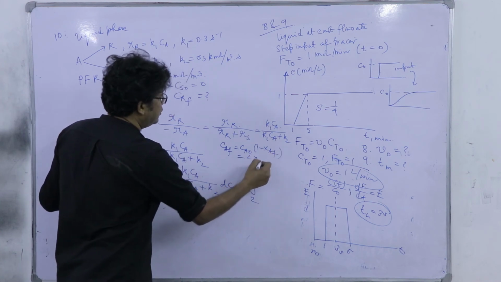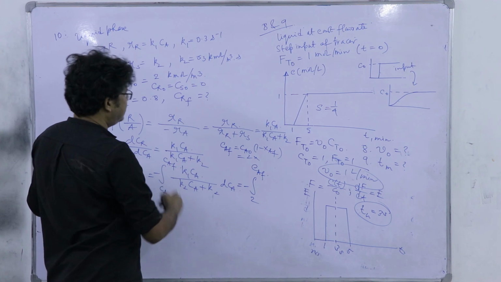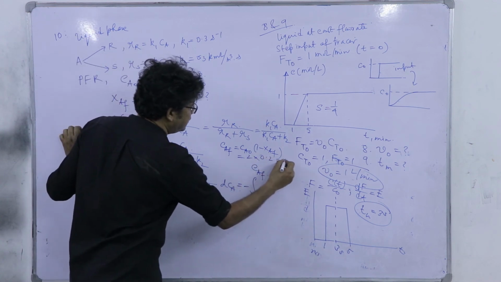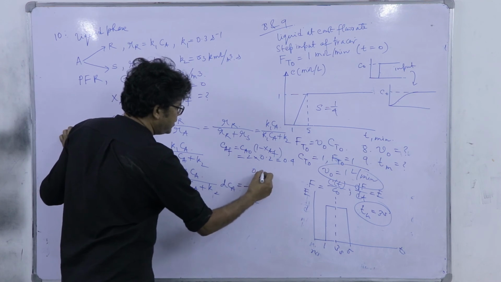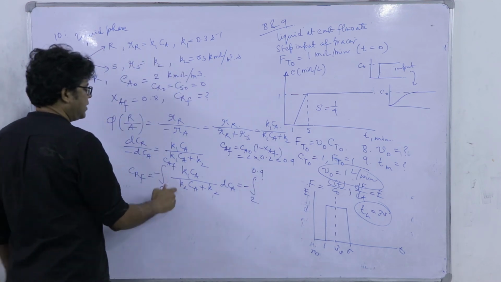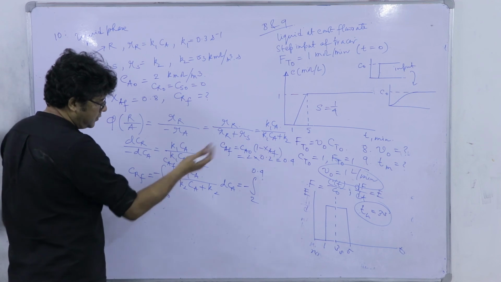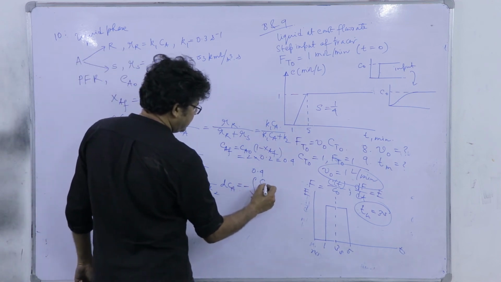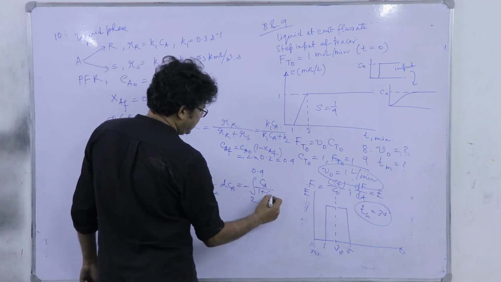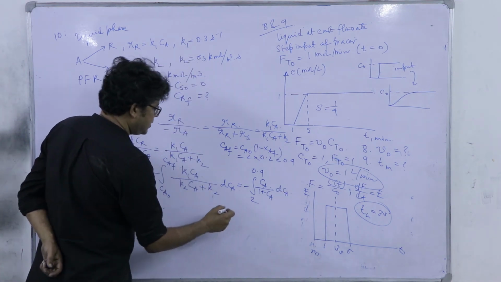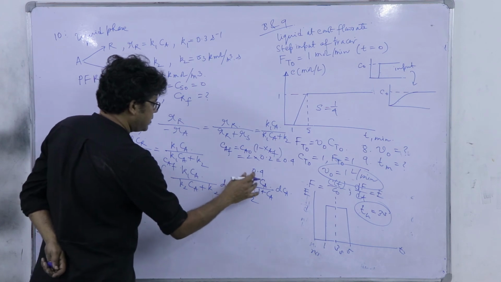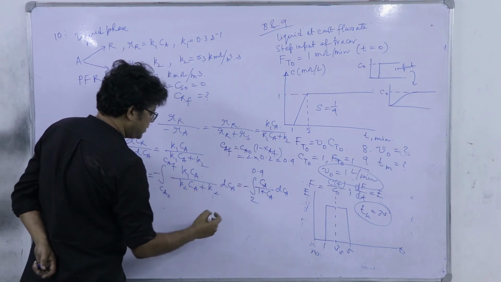Ca naught is 2 and 1 minus XAF is 0.2, so this is 0.4. And K1 and K2 are numerically the same, so they will cancel out. So, Ca divided by 1 plus Ca dCA, right. This is 2 to 0.4, correct, yeah.